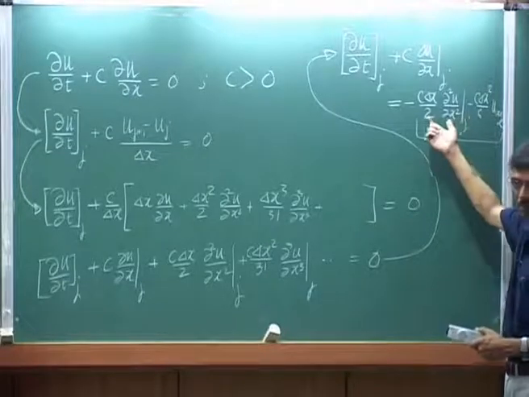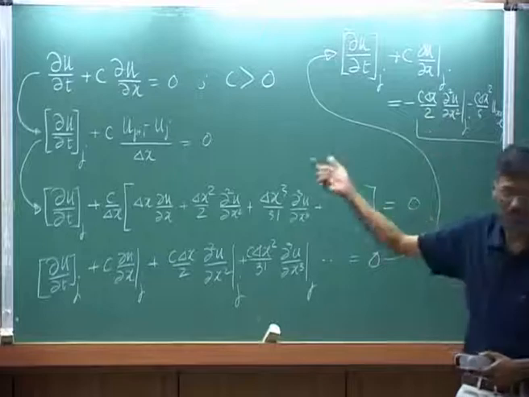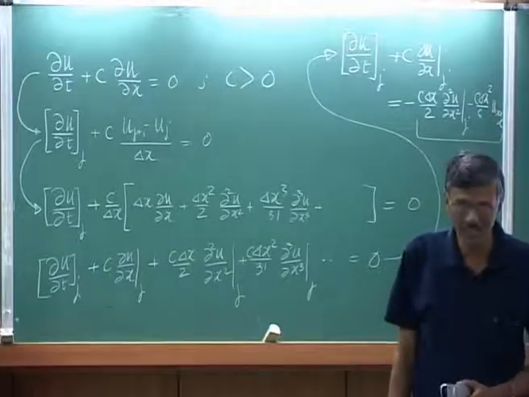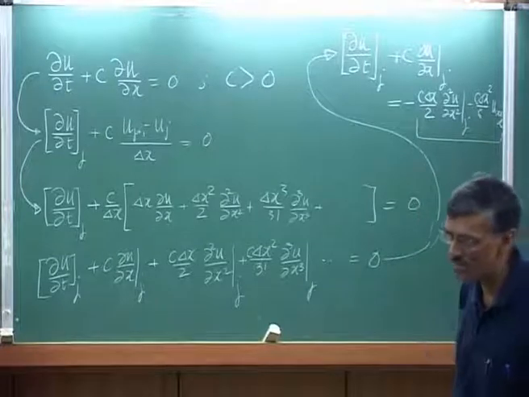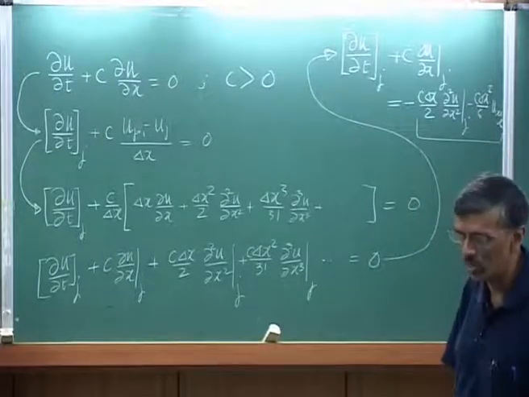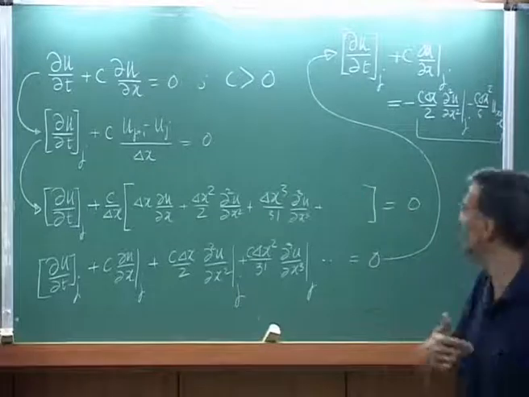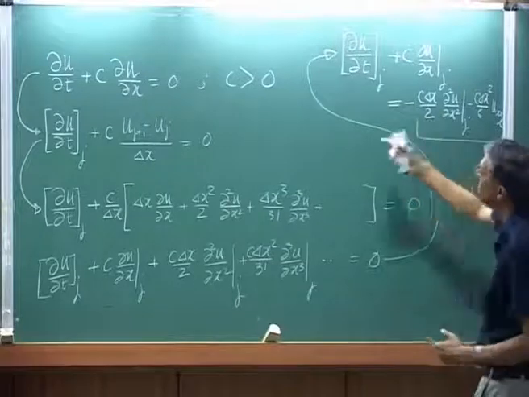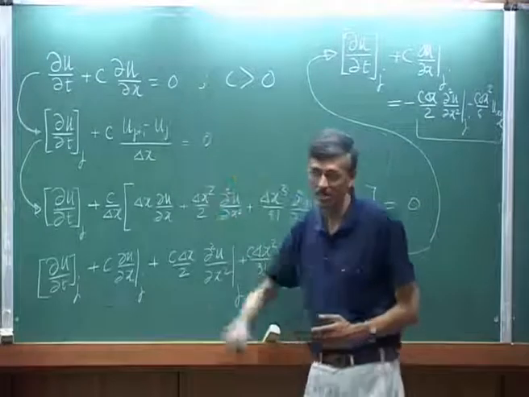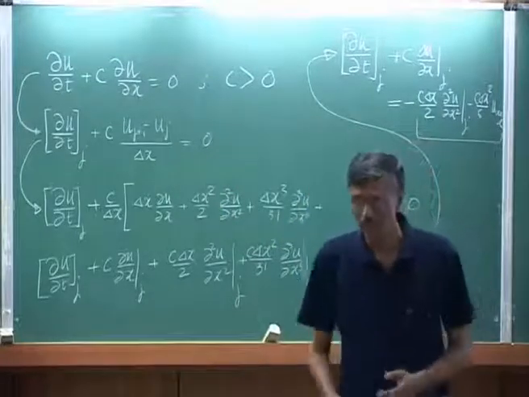What is this term? This is a second derivative term, but with a negative sign, and C is positive, right. So, this is going to give you some kind of anti-diffusion. So, it will not attenuate the solution. What it would do is, if you adopt this method to solve this equation, you are going to get into trouble.